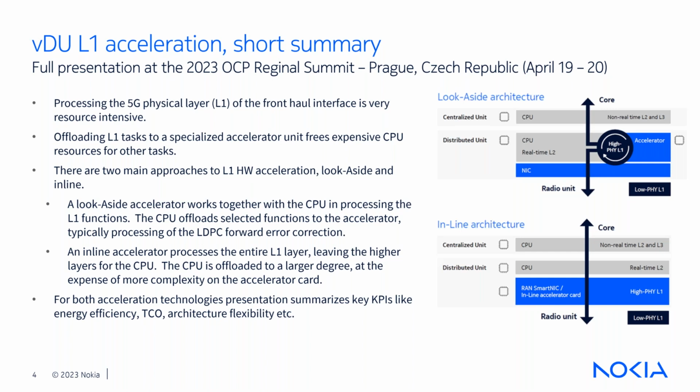But I think this connectivity is quite well handled already with that smart NIC, and then in case that you have a very big amount of FDD radios, as an example, you can increase that connectivity easily with the fronthaul gateway. Okay, sure. Thank you. I will wait for your presentation at the regional summit. Thank you. Thank you.